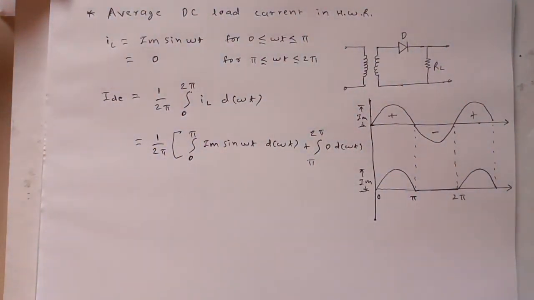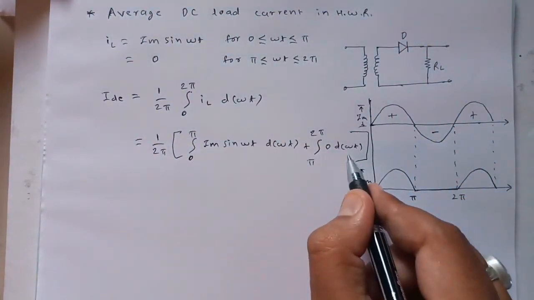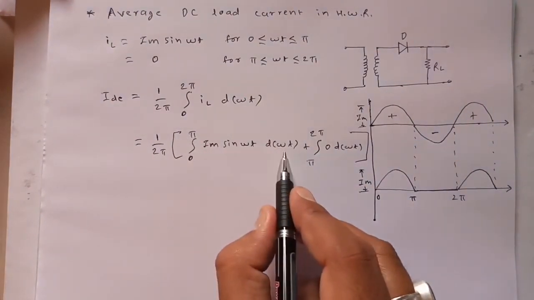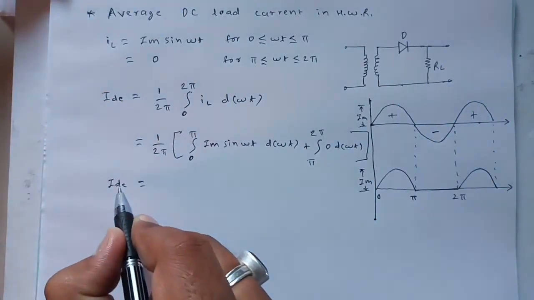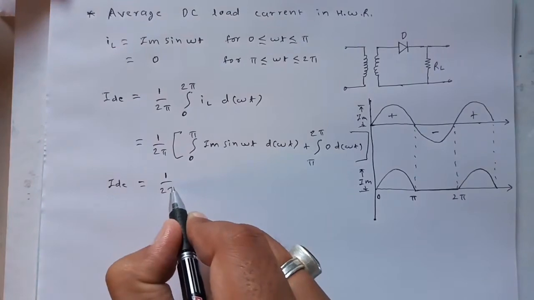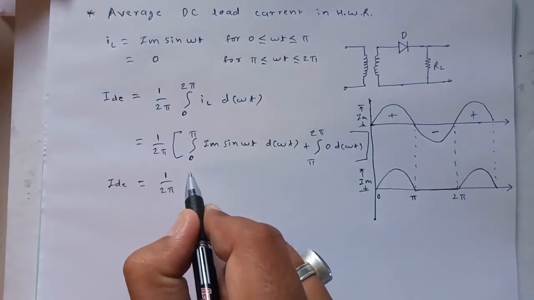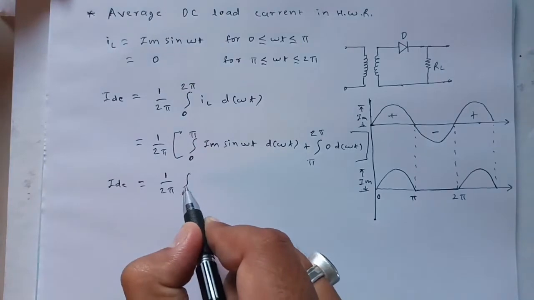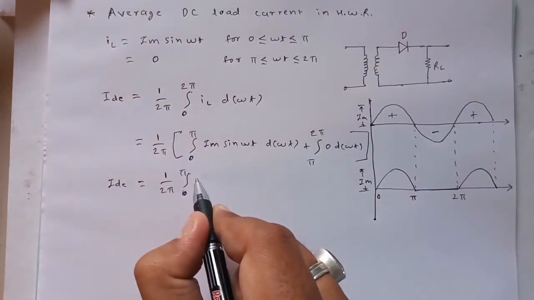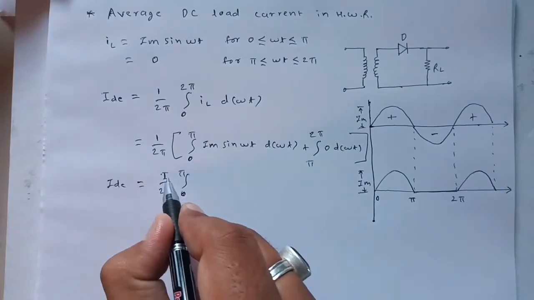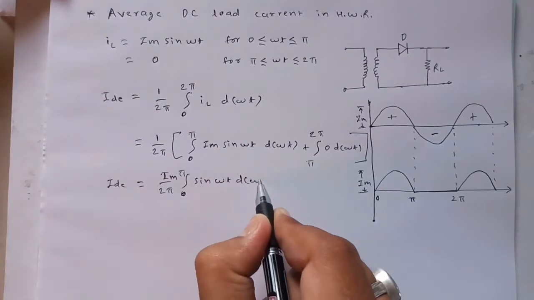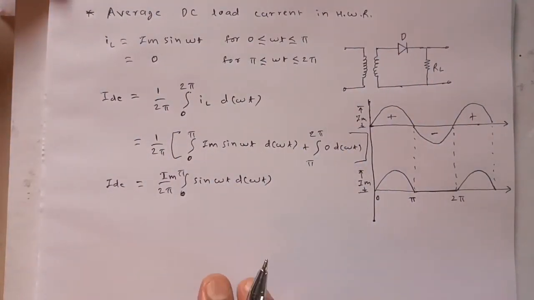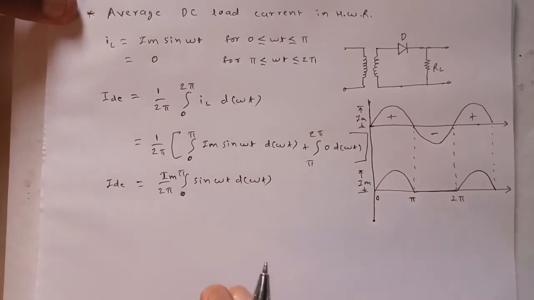Getting it right, and the bracket is completed here. Now this second term automatically becomes 0, so we are remaining with only the first term. As a result, IDC, the average value of the DC current, is 1 upon 2 pi integration 0 to pi. This Im I can take outside, so that is Im sine omega t d omega t. Getting? Now we are going to solve this.